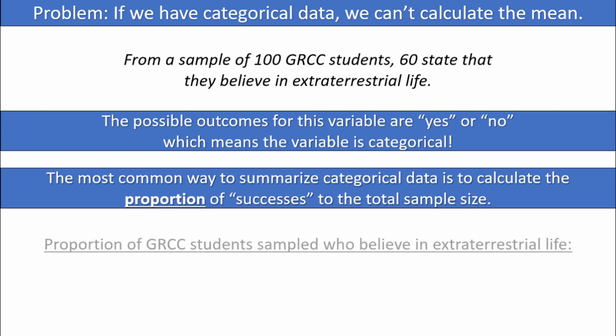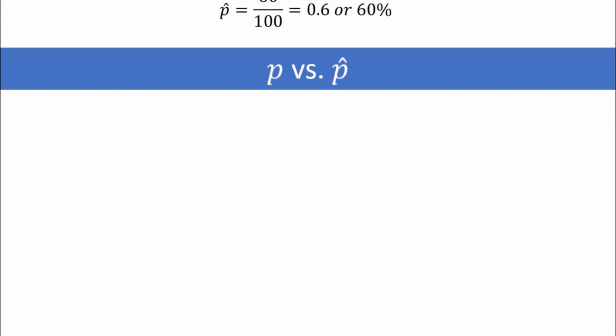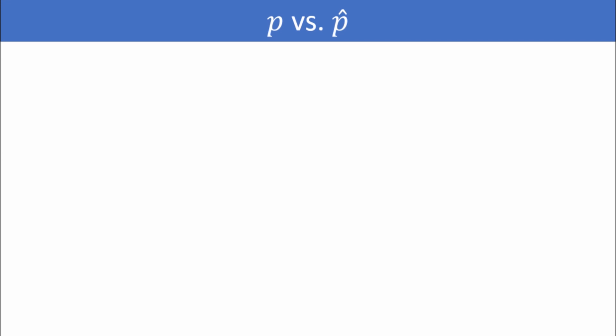We can calculate the proportion of GRCC students sampled who believe in extraterrestrial life by taking the number of successes, 60, and dividing by the total sample size, which is 100. We get 0.6, or 60% of students from the sample who believe in extraterrestrial life. You may or may not be familiar with the difference in the notation p versus p hat to represent a proportion.